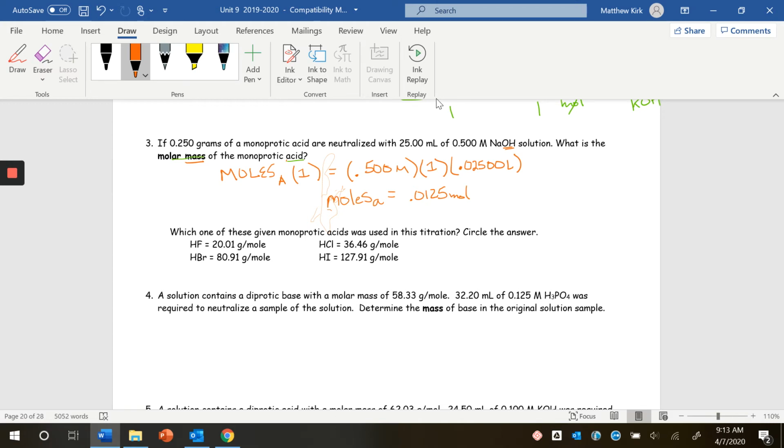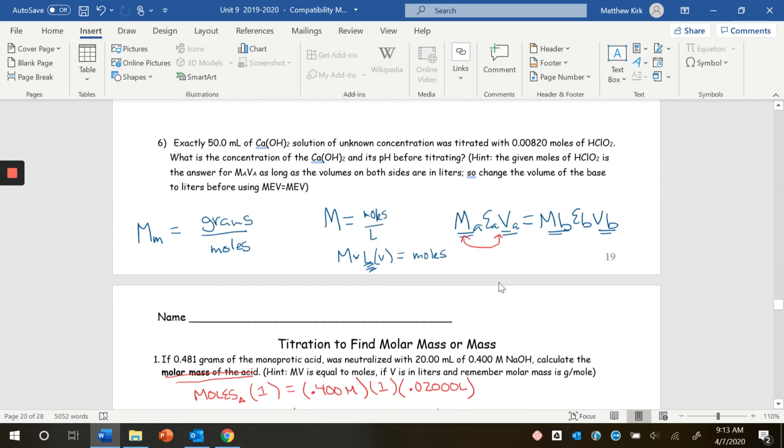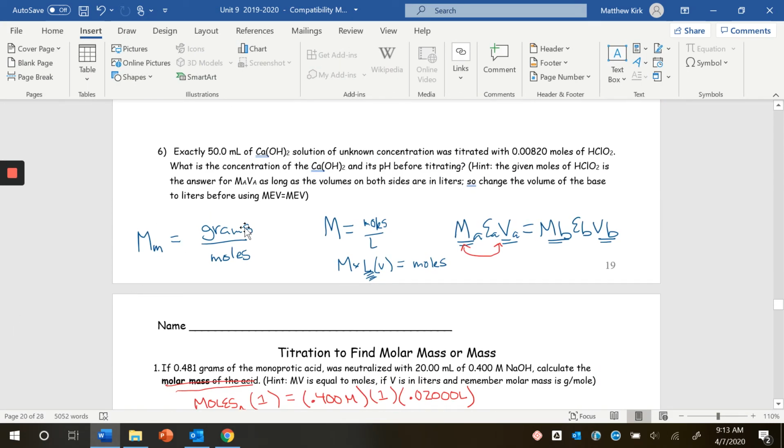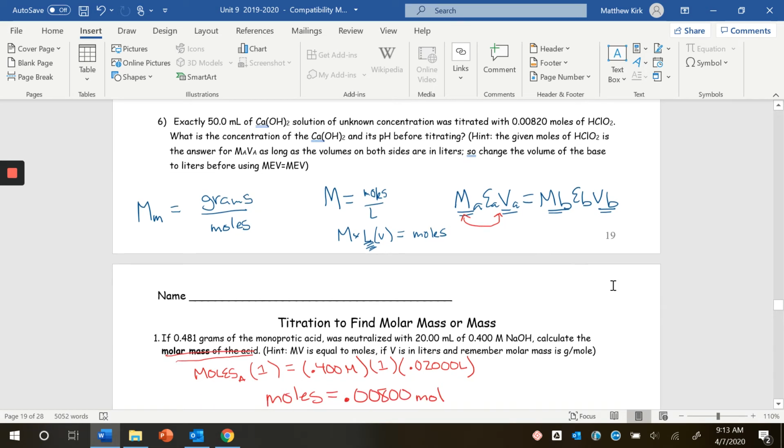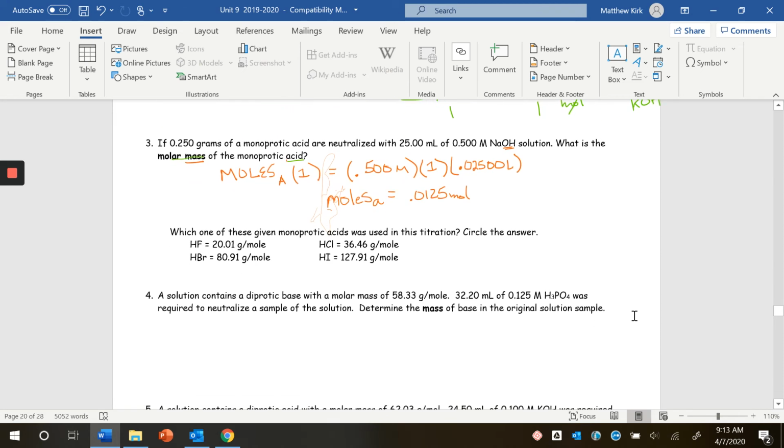And then to finish this problem, remember, to find the molar mass, it is grams that we're given divided by moles that we calculated. So I'm going to do it down here. We're told we have 0.250 grams divided by the number of moles we just calculated.